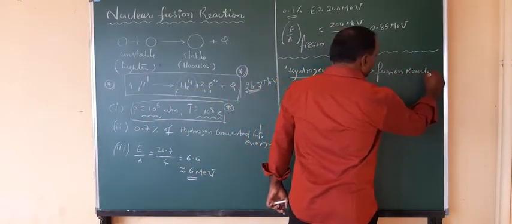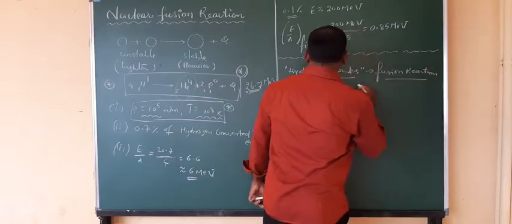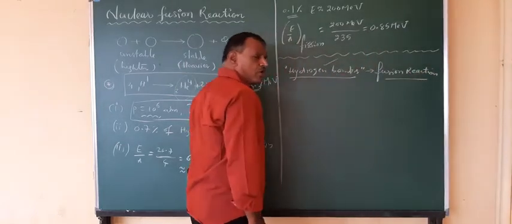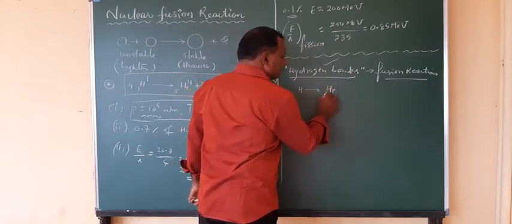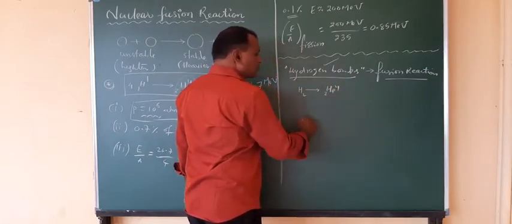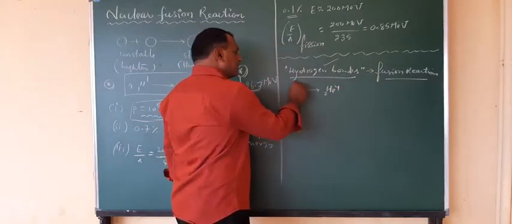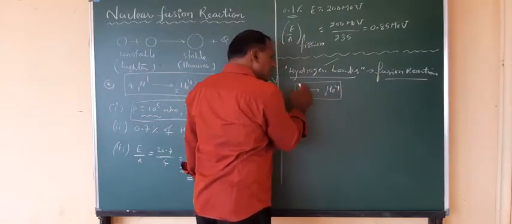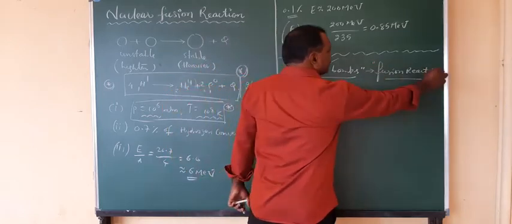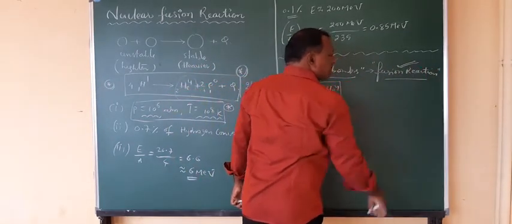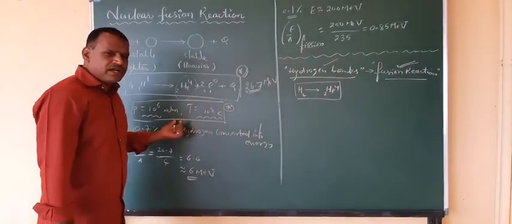Nuclear fusion reactions give the working of the hydrogen bomb, where hydrogen is converted to helium. This process continues until the total amount of hydrogen is converted to helium, by providing the conditions of high temperature and pressure.